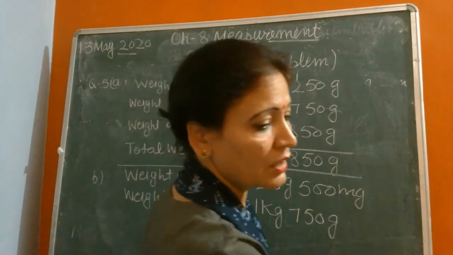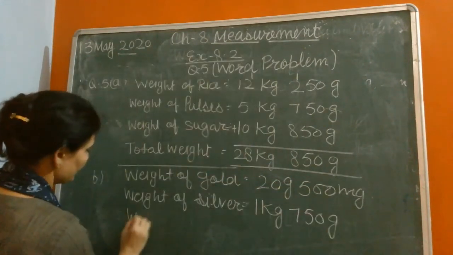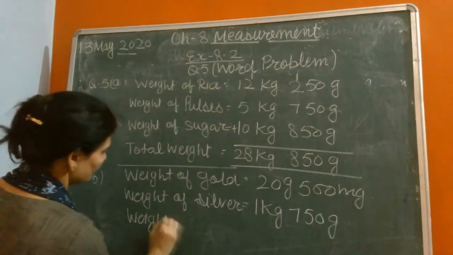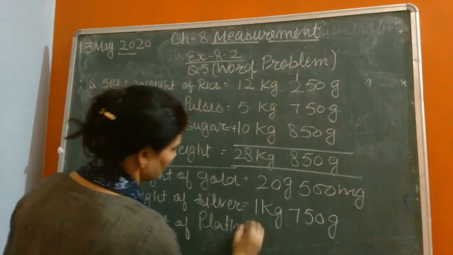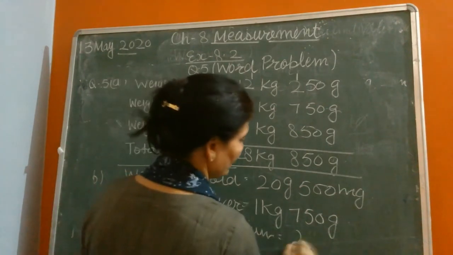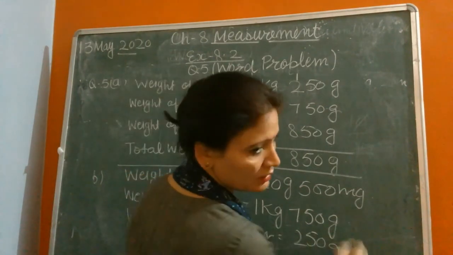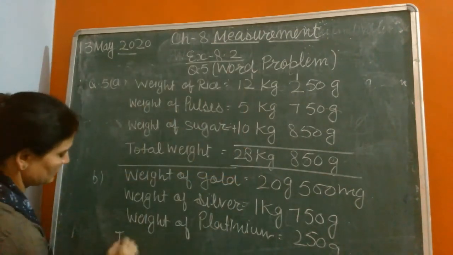Next, weight of platinum. Weight of platinum is 250 gram.